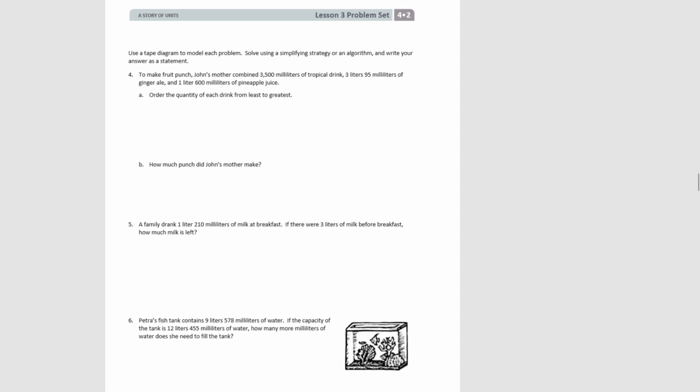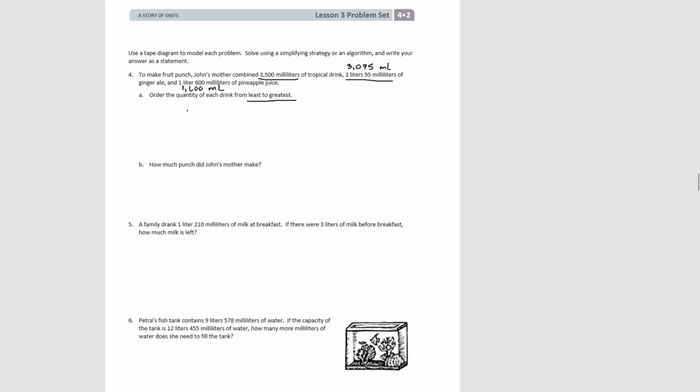So for part A, we have 3,500 milliliters. In order to compare these, we could rewrite this also in milliliters. This would be 3,095 milliliters. And this would be 1,600 milliliters. So now we can order them, and we're putting them in order from least to greatest.